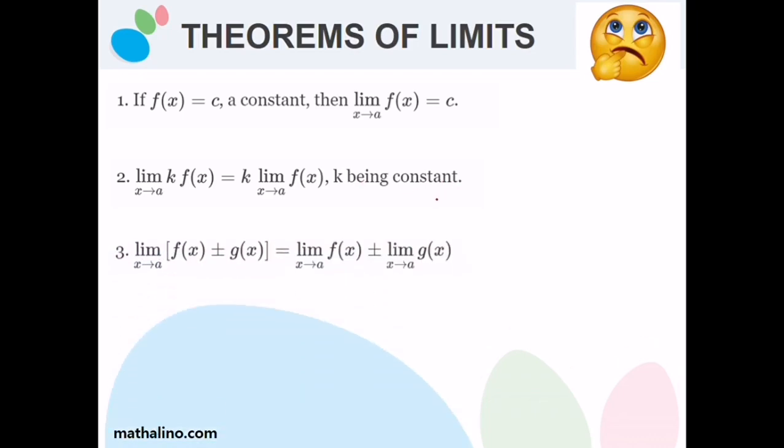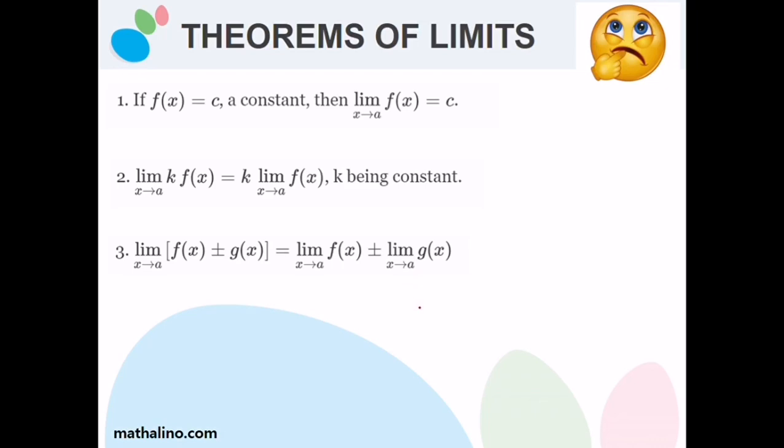The third one, in terms of a sum or difference of two functions: the limit of f(x) plus or minus g(x), wherein x approaches a, is equal to the limit of f(x) as x approaches a, plus or minus the limit of g(x) as x approaches a.